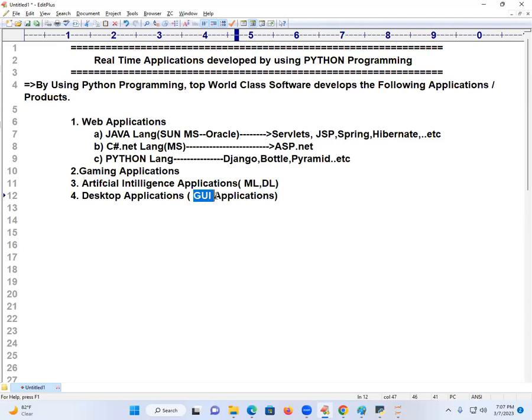So many details you are entering. The way the form looks, you understand it. What you are seeing and what you are understanding, those based applications we can call GUI applications.